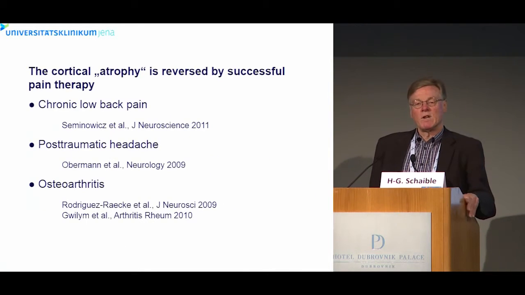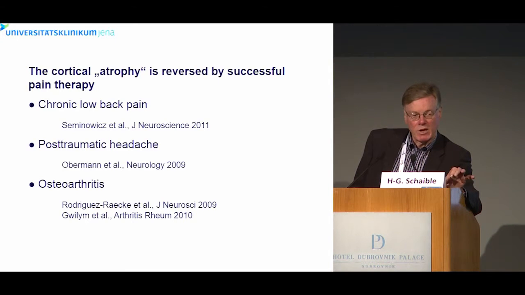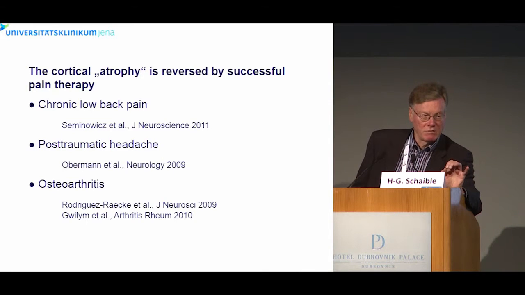An interesting question is, are these changes reversible? And interestingly, if you can get rid of the pain, for example, by knee replacement, it seems to be reversible to some extent. People looked at the same brains after some months, and this atrophy has obviously disappeared.